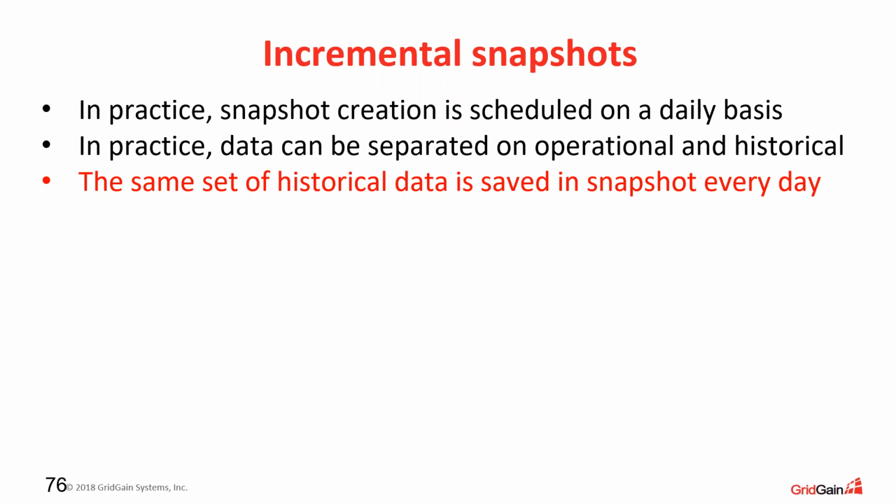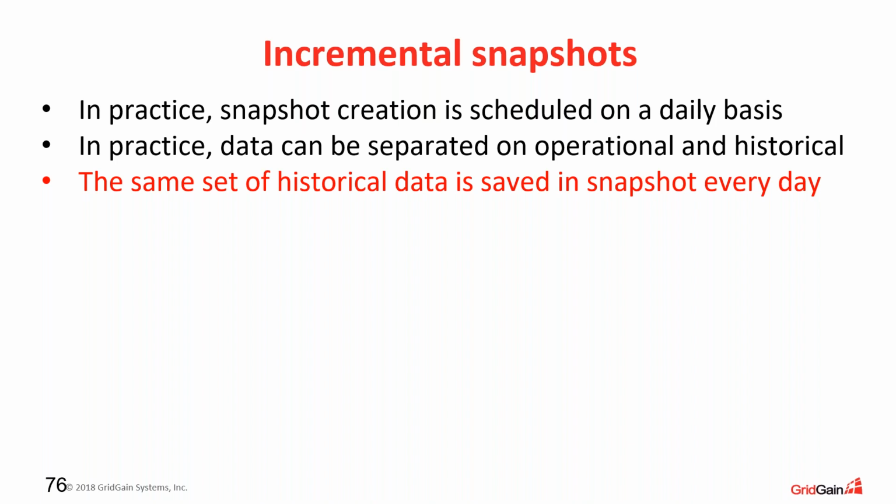Okay, let's discuss how snapshots are usually created in practice. Snapshot creation is usually scheduled on a daily basis, for example, in the morning, once a day. And in practice, data can be separated into operational and historical data sets. What does it mean? Most data is historical and changes very rarely.